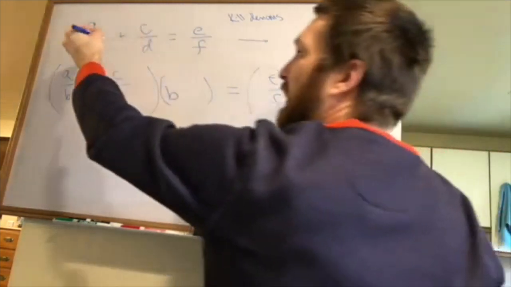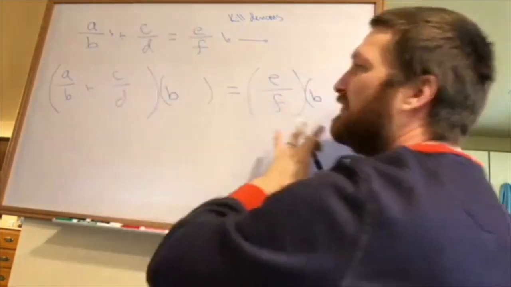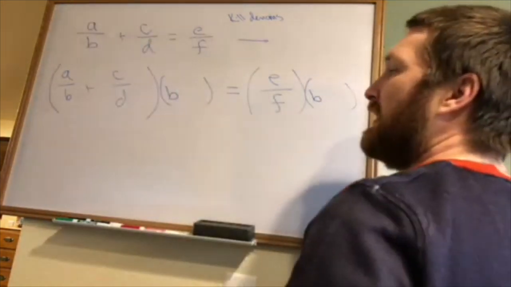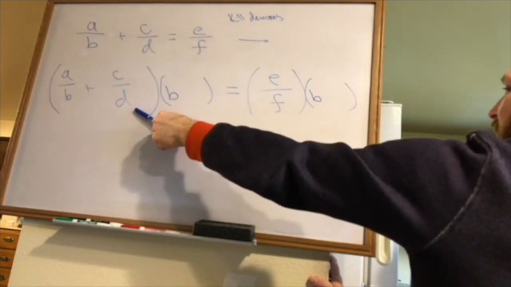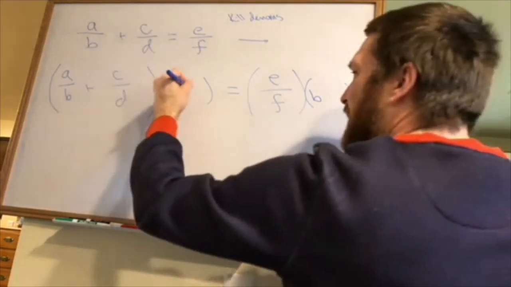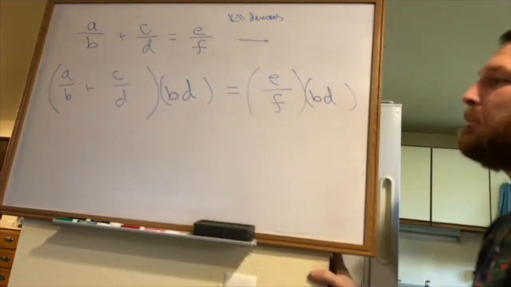I'm not just going in and multiplying this one guy by B and then multiplying that. I have to do the entire side of the equation, multiply it by B. What do I need to do to kill that guy? Multiply it by D. And so I do that to the other side because I have to keep the equation in balance.